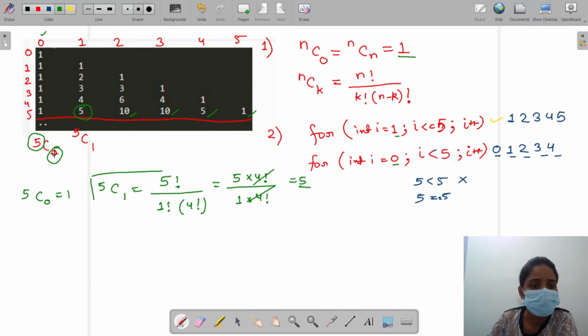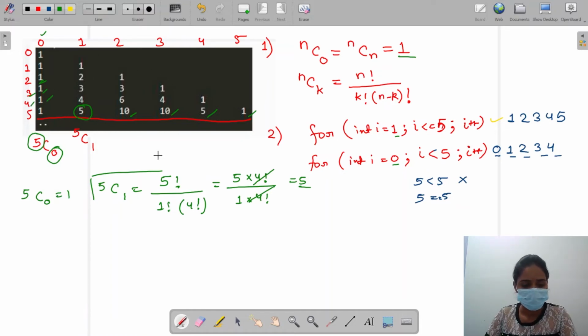Now we know how to calculate these numbers, because every time 5C0 is 1, 1C0 is 1, 2C0 is also 1, 3C0 is also 1, 4C0 is also 1, 5C0 is also 1.